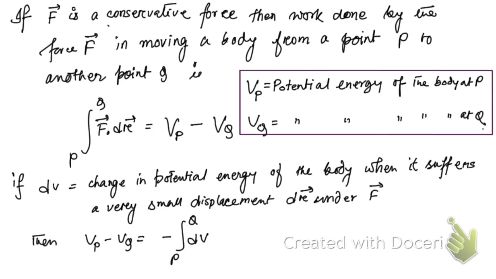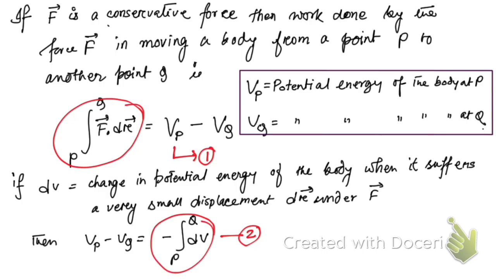Now you see, let me take this as equation number 1, and this is 2 suppose. So from these two equations we can write this is equal to this one, right? We can write that because both are equal to Vp minus Vq. Okay, so let me copy this one and let me go to a new slide.